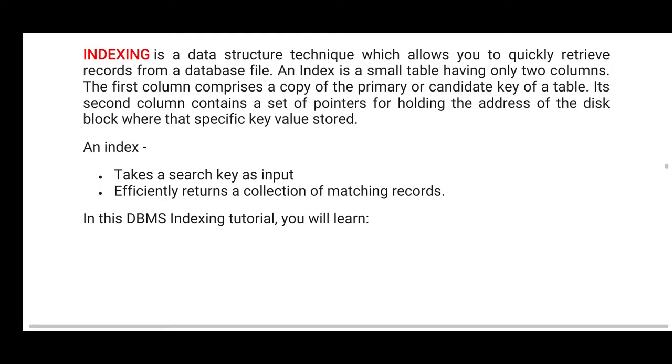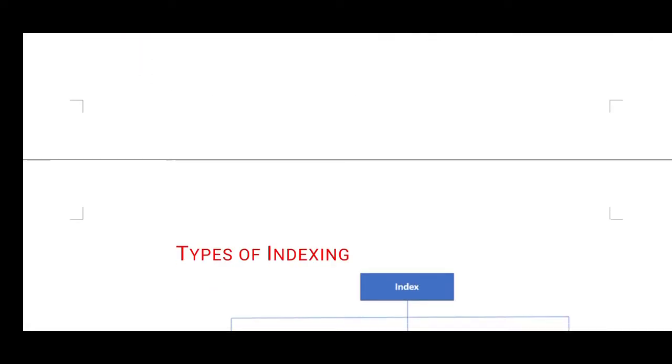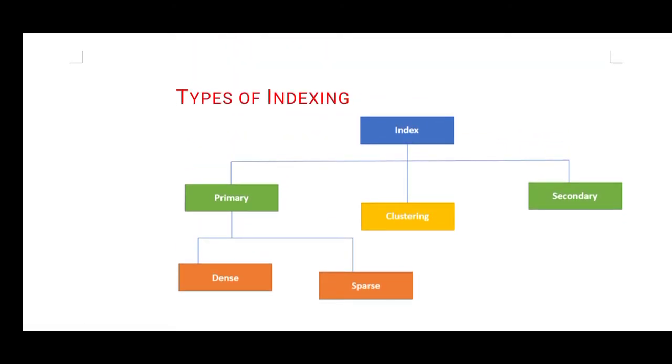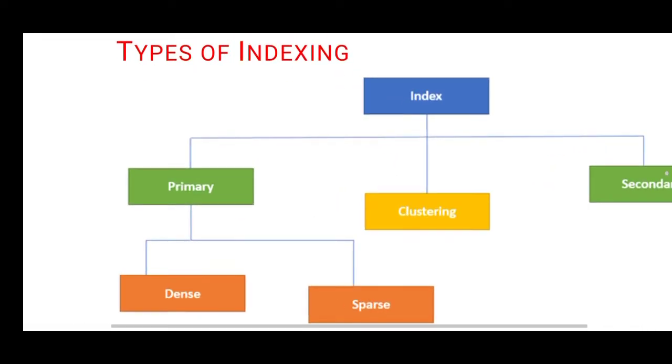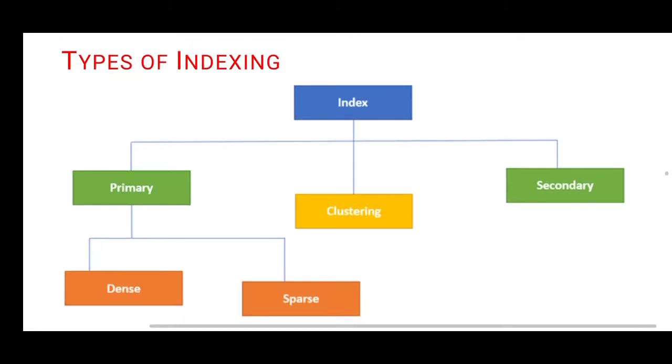In this DBMS index tutorial, we will learn the types of indexes. First one, primary index, in green color.